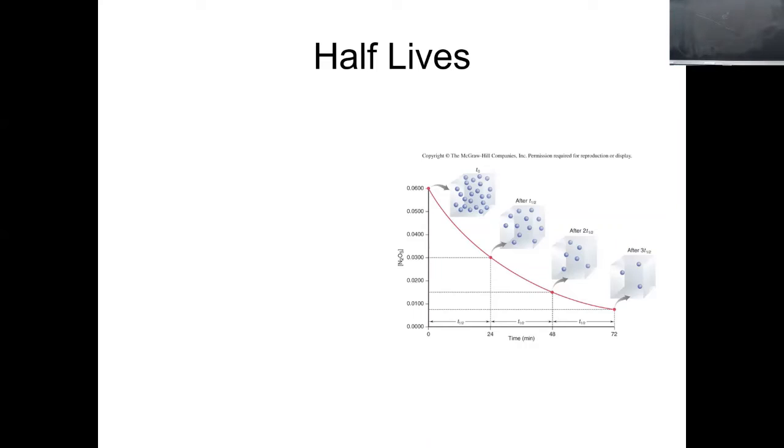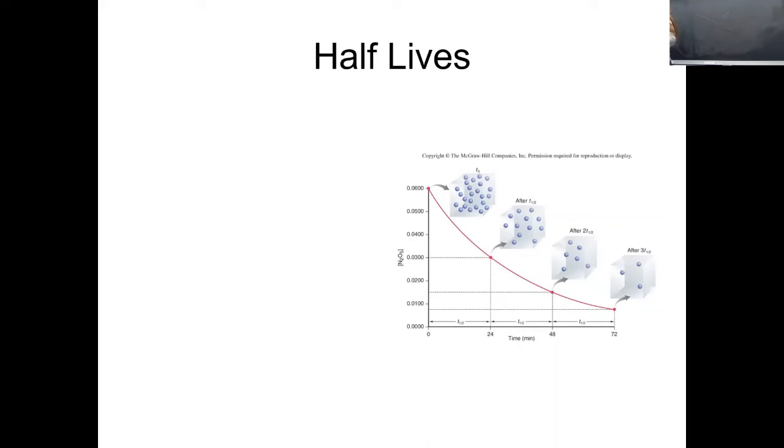So we have an initial concentration here of 0.06, and halfway down from that is 0.03. And if I look at how much time passed and come down to here, this is 24. It happened to be 24 minutes to go from full to halfway.